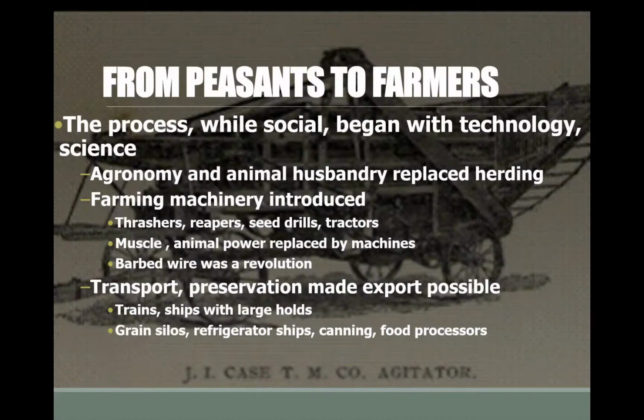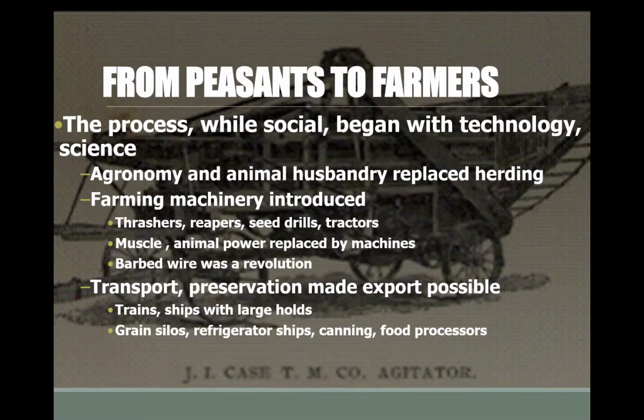From peasants to farmers: the process of becoming farmers began with technology and science. You have new types of agronomy and animal husbandry. When you're breeding animals, you're breeding specific types of animals. This goes with the whole genetics thing, which was discovered during this time with Mendel. You have new farming machinery, like new types of threshers, reapers, seed drills, and tractors.